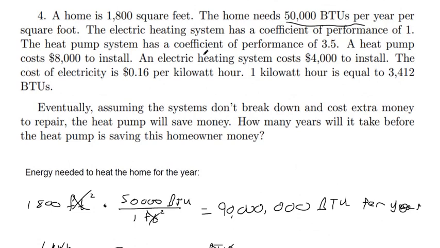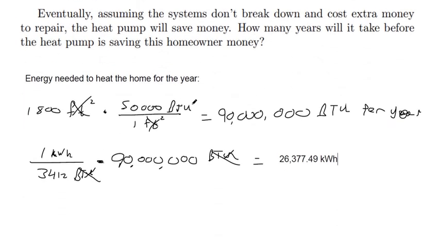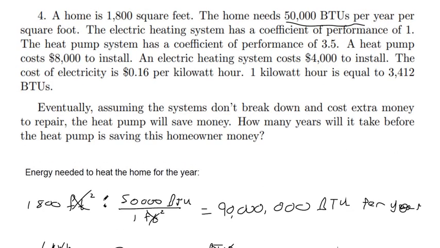Now the first home has a coefficient of performance of 1, so things are going to be pretty simple. It means every kilowatt hour you pump into the home, it pumps out an equivalent kilowatt hour of heat. So the cost, we'll call it C1 for the cost of the first plan, is going to be, what do they say? Cost is 16 cents per kilowatt hour.